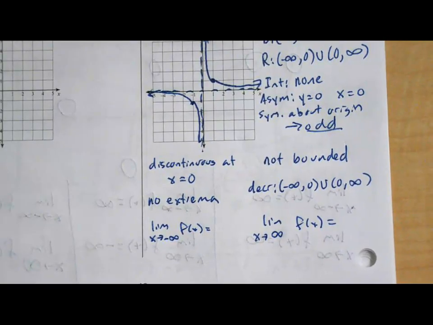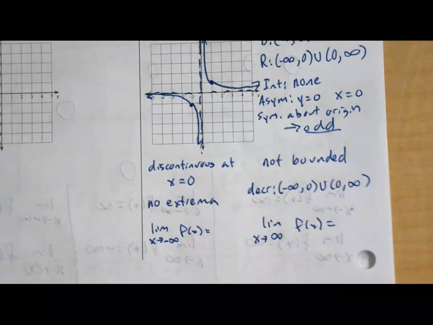What's the special y value that we're leveling off to on the far left and the far right? 0.